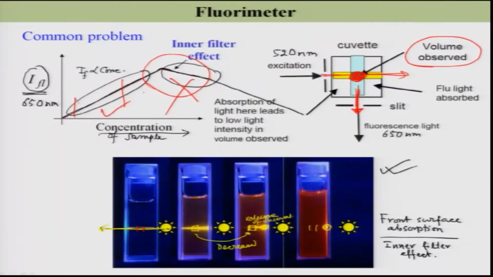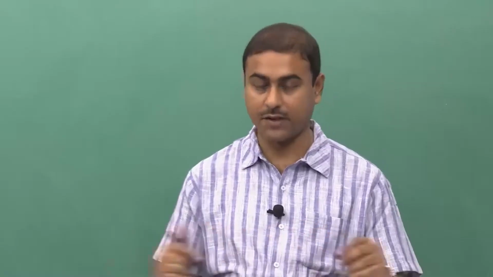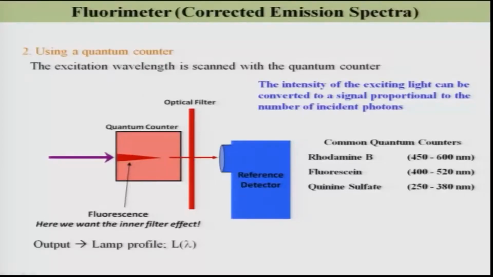Okay. So, having this idea, let me show you the quantum counter, and how to get the correct emission spectrum. In this case, we are going to use a sample of my choice, and the concentration of the sample is very high.